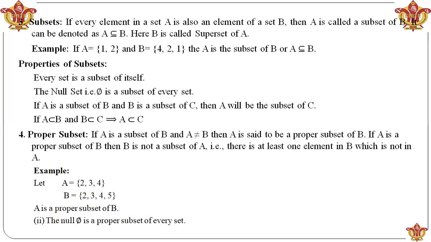If A has 2, 3, 4 and B has 2, 3, 4, 5, then we can say that A is a proper subset of B, because B contains all the elements of A and more.